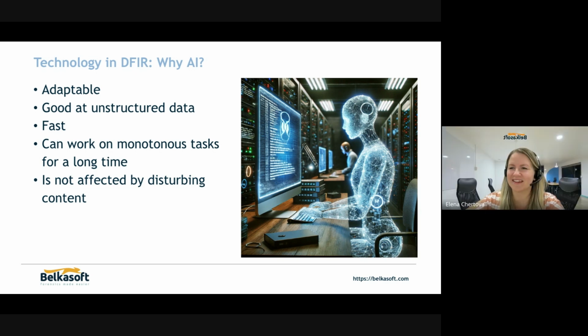Yeah, that's right. And really, AI has lots and lots of advantages, as we can see in my slide.